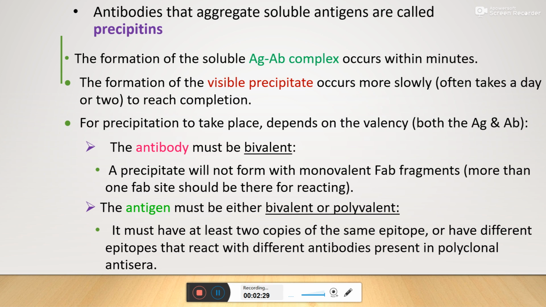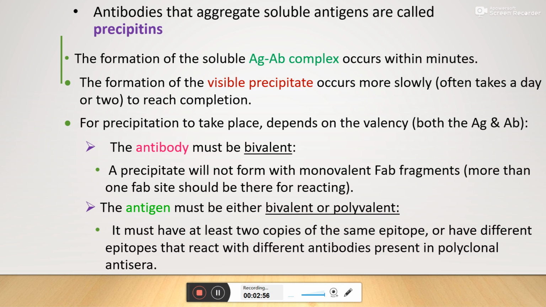This Fab site helps to bind with the antigen. In the antibody, the Fab fragment is the site for antigen binding. So the antibody must be bivalent for the precipitation reaction to take place. If it is monovalent, or a monovalent Fab fragment, then the precipitate will not form.